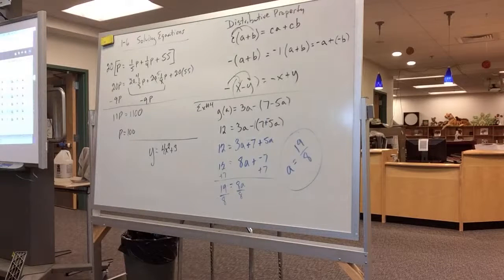Graph y equals 4x squared plus 3 in the standard window. Put it in the standard window.